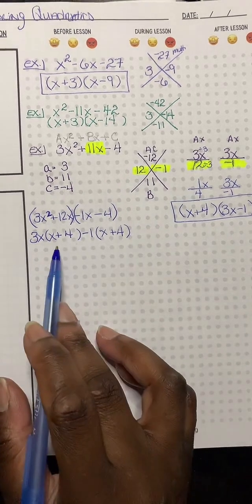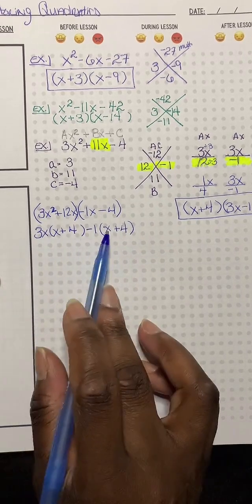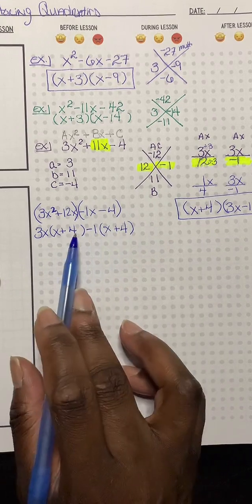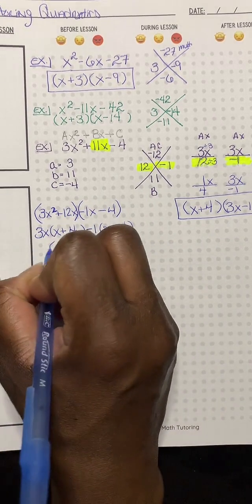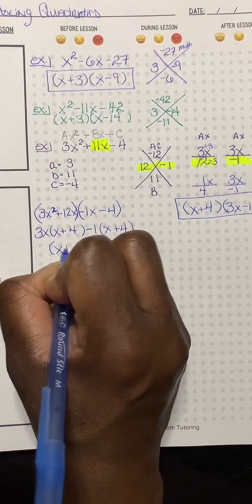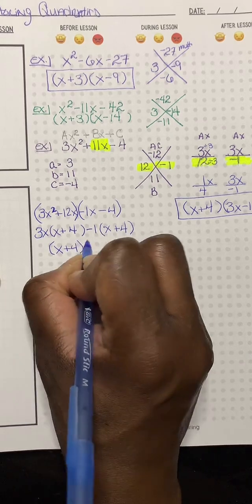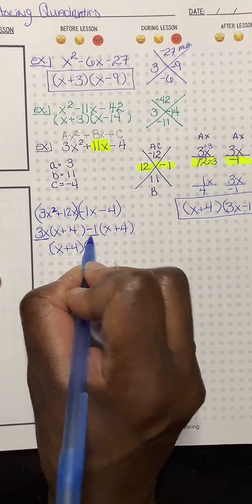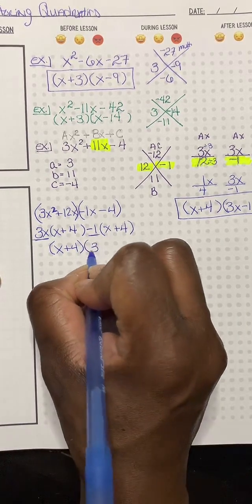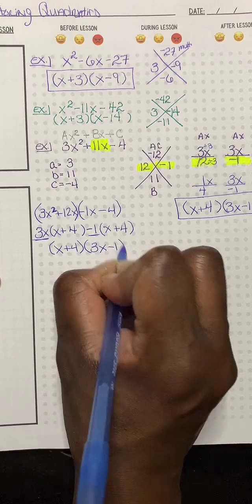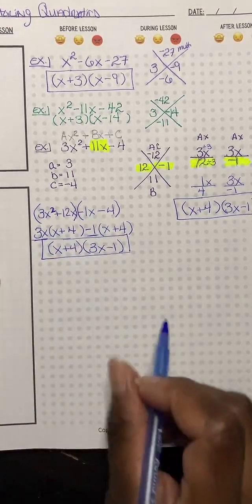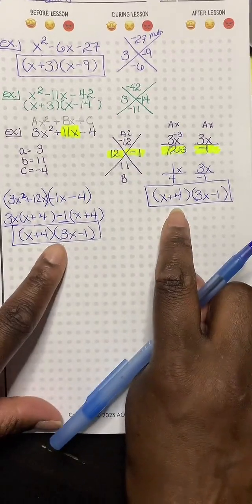Okay. So from here, I notice that the insides of the parentheses are exactly the same. So that's the GCF of that line. And then what remains, my 3x minus 1, that's my other parenthesis. What do you notice?